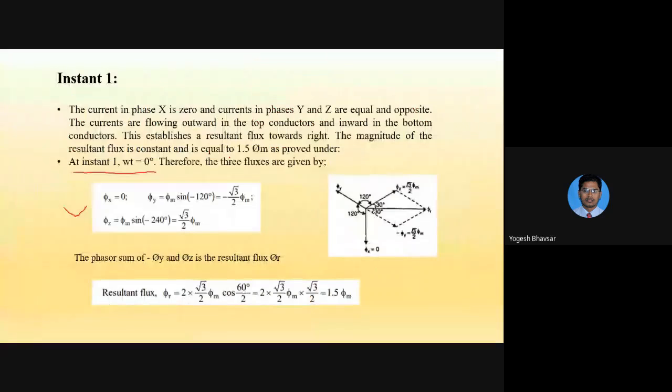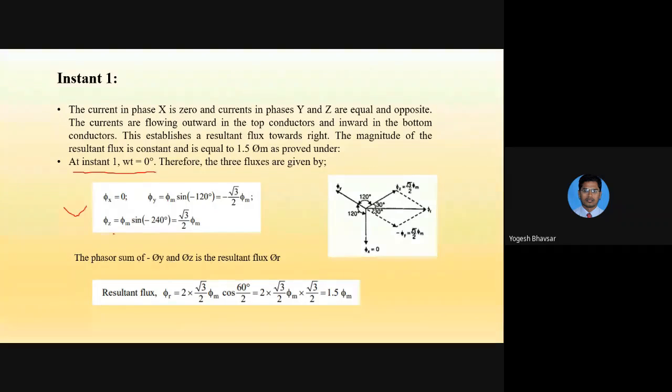So look at this. Phi x will be 0, phi y is sin -120 degree, so that will be -√3/2, and sin -240 degree, so that will be √3/2. Right? So this is what the values for phi x, phi y and phi z.